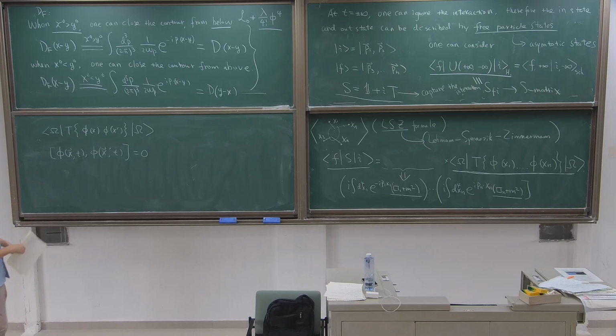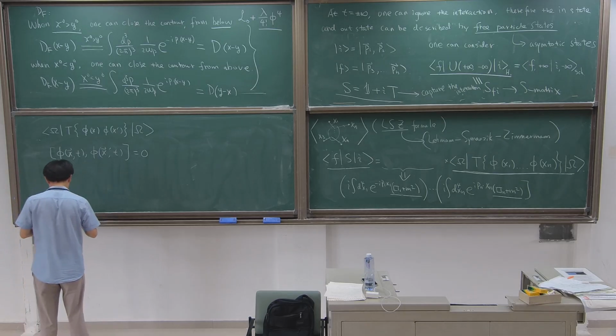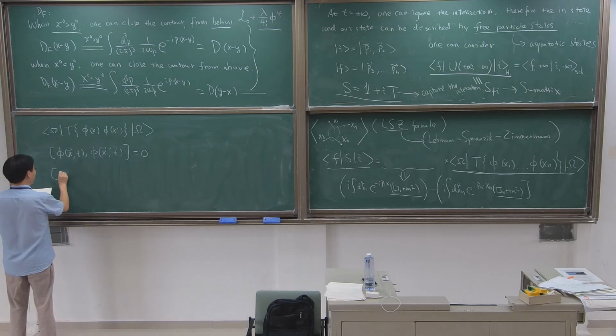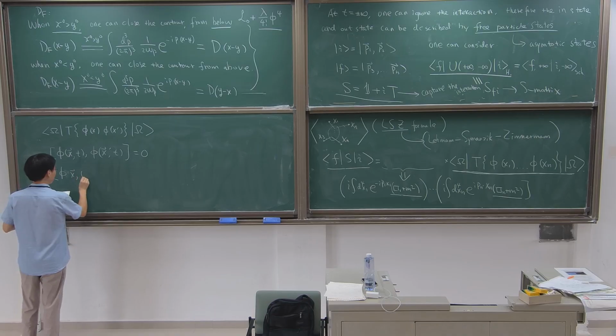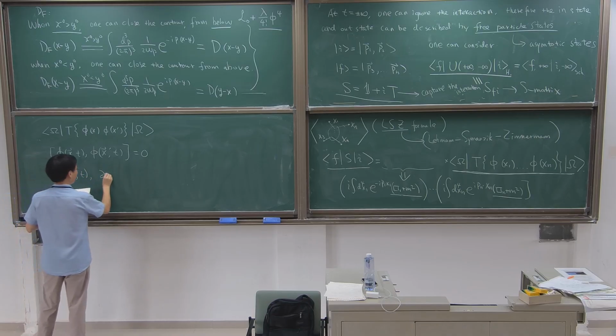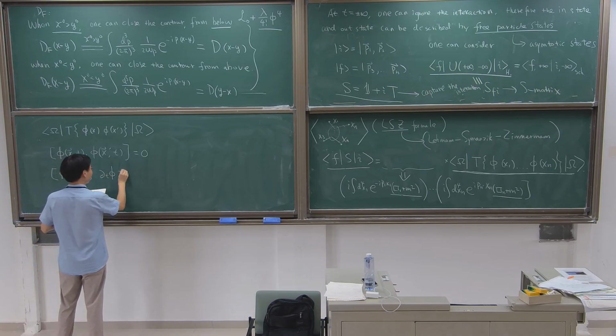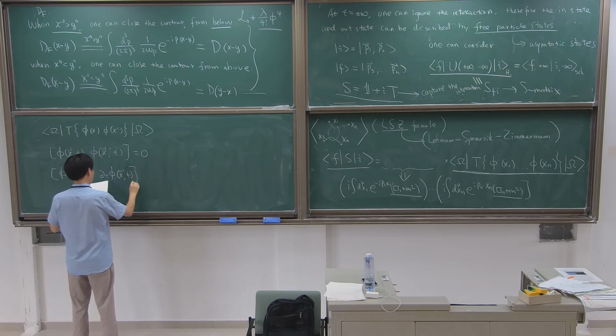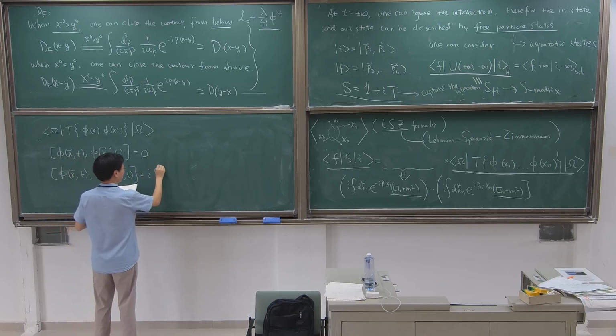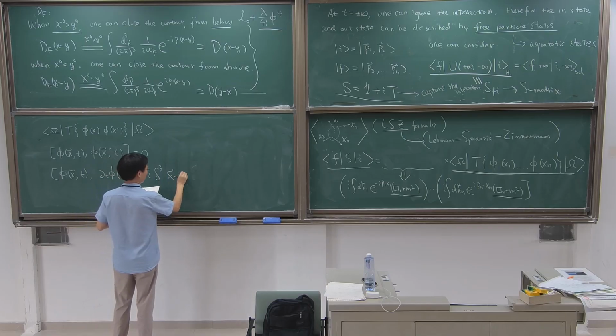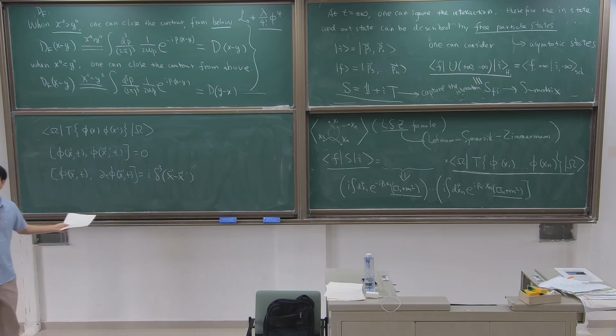So what happens for the other one? What do you think about it? This is the phi commutator, right? Now write phi as the Heisenberg picture field.